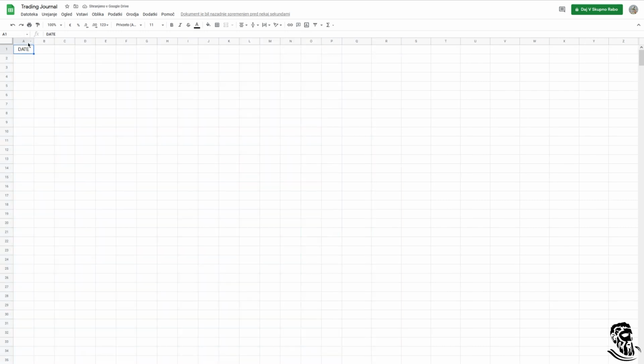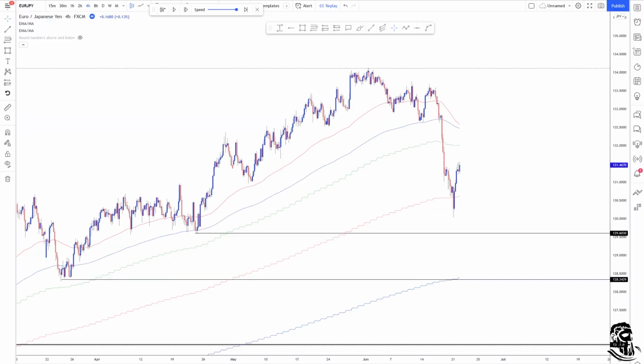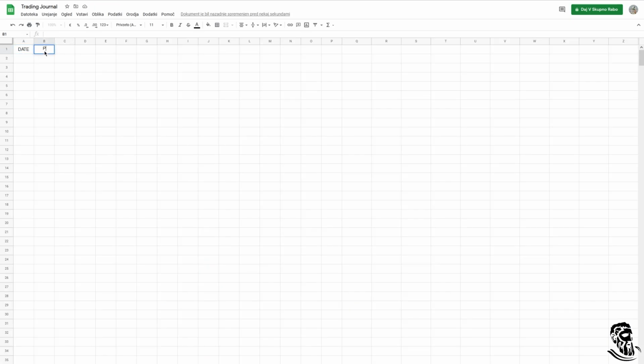So we need our date, so we can log it when we're taking a trade. For example, if we're going to take a trade somewhere in these areas, let's say 23rd of June 2021, we log that on. We're going to do that when we look through this example, but for now let's do date. We need pair. Which pair are we trading, right?